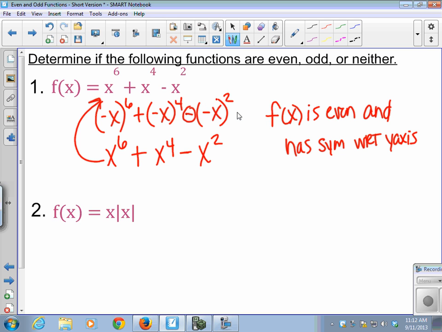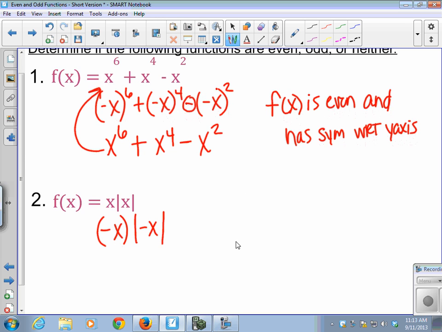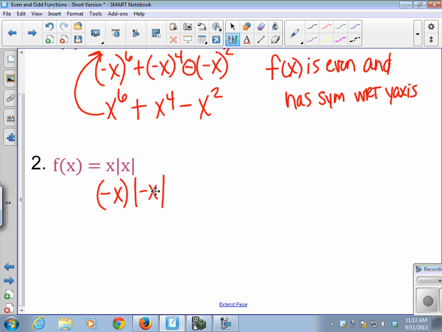Alright, number 2. I'm going to do the same thing. Negative x goes in for that first x, and then negative x goes in for the absolute values. Whenever I have an absolute value of a negative, the absolute value just takes that x and makes it positive. So I know I've got absolute value of x there. And then I can't really do anything with that x out front, so I'm just going to leave it like that.